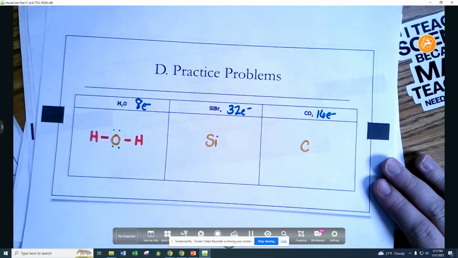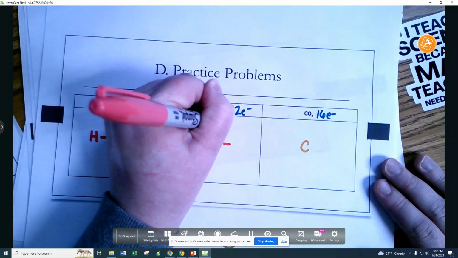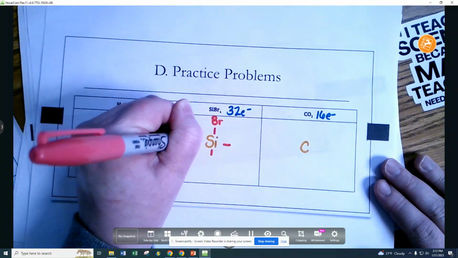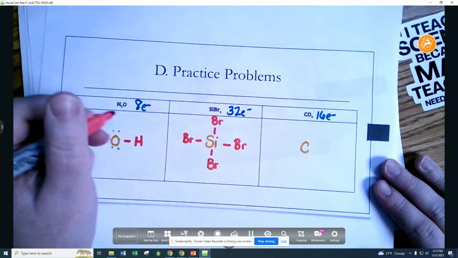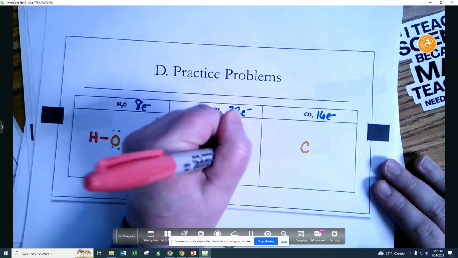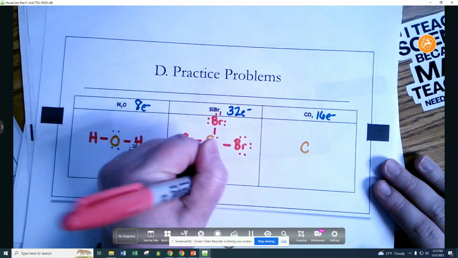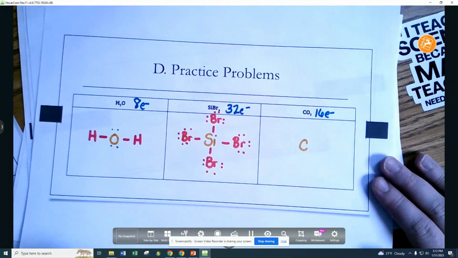So 2 lone pairs, and that one is complete. In the next example, I need to complete 4 bonds with 4 bromines. Silicon then gets its complete octet, and the bromines need their complete octet. By adding those 6 lone pairs, that allows me to spend the 32 electrons, and everything is spent, everything is complete.